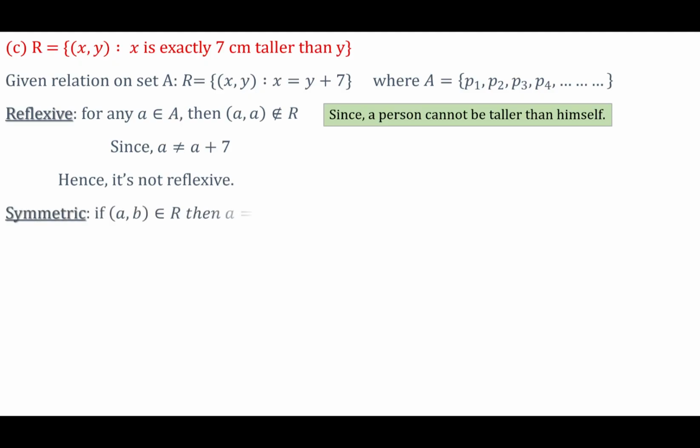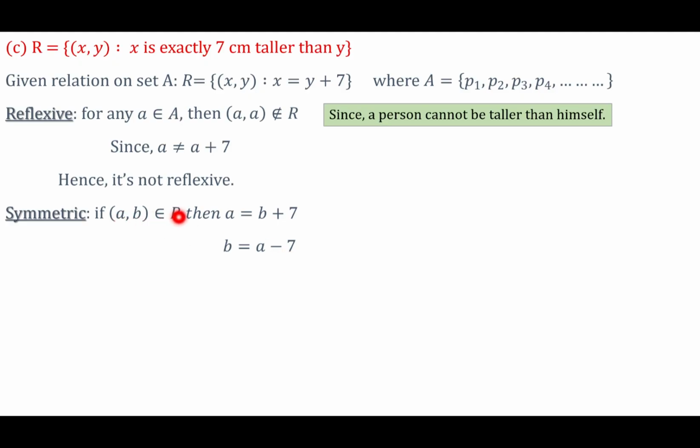Let us check symmetric. If (a, b) belongs to R, then a equals b plus 7, according to the relation. If I solve for b from this equation, b equals a minus 7.